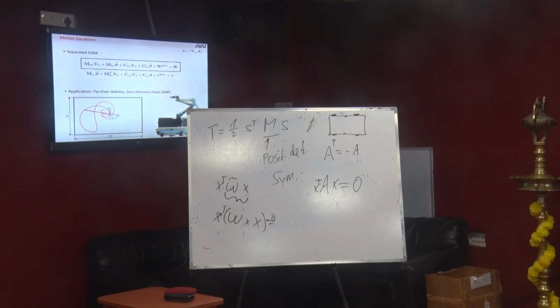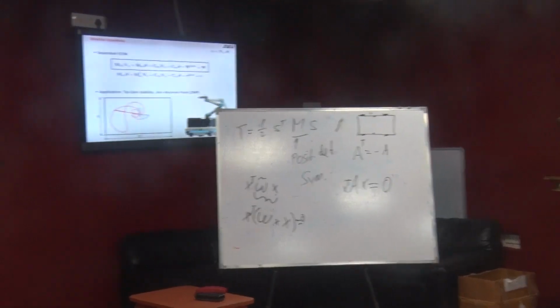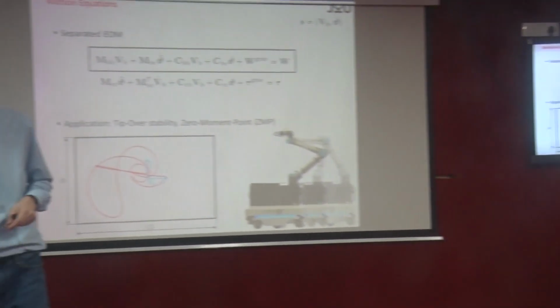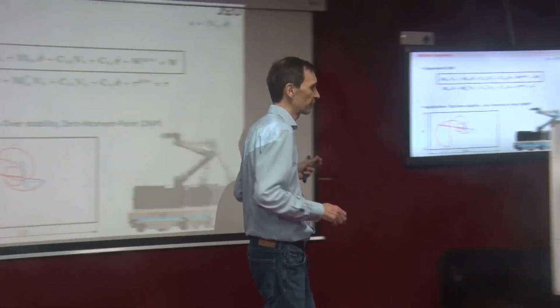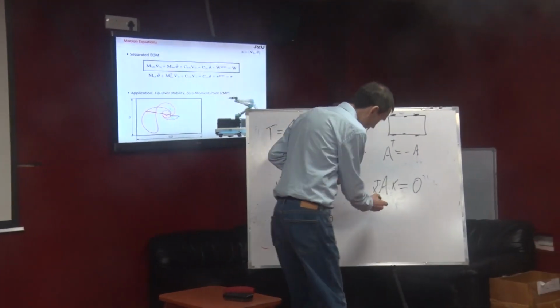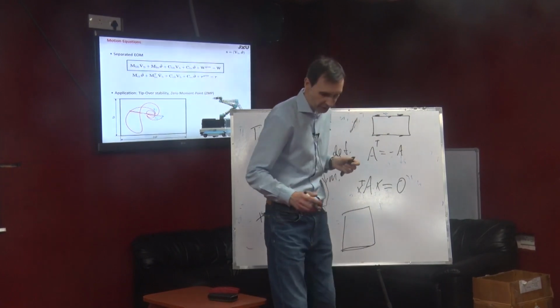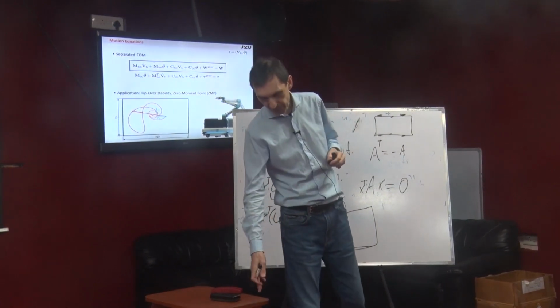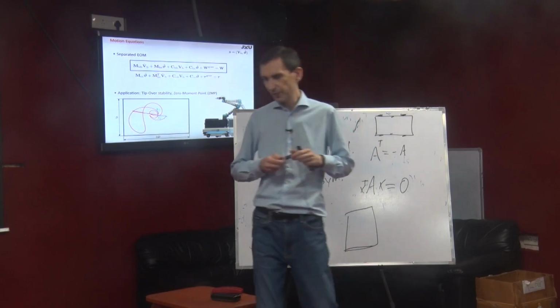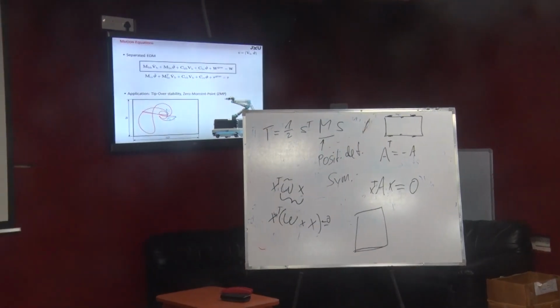One kind of obvious argument could be that the center of mass should be somehow in the support polygon of my feet, right? These are my feet, so it should be somewhere in there, because otherwise I'm not able to stabilize, which is not totally correct.